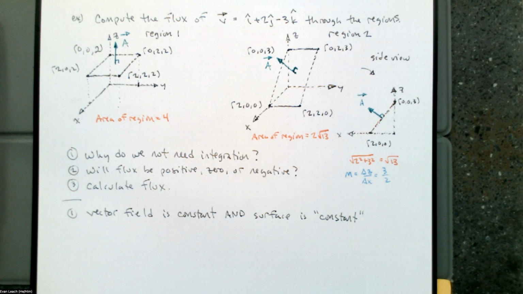That could be misinterpreted by saying that the surface is constant. The vector field is definitely constant. It's just one vector everywhere. But what I mean when I say the surface is constant is that we can describe the region with just one vector. Take the area, multiply by a normal unit vector.